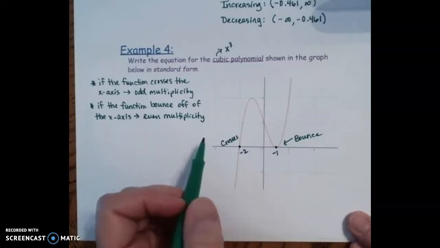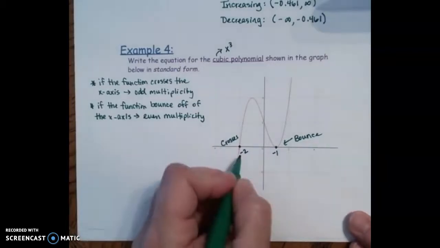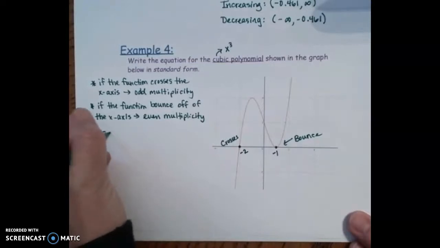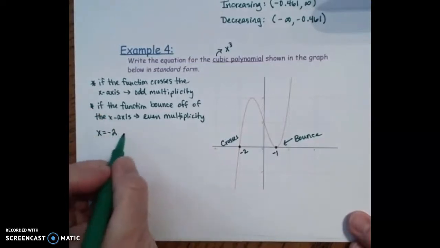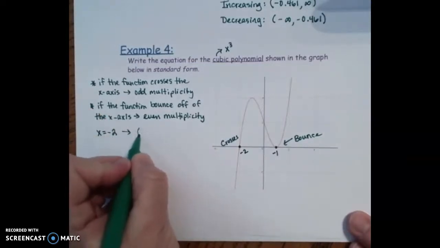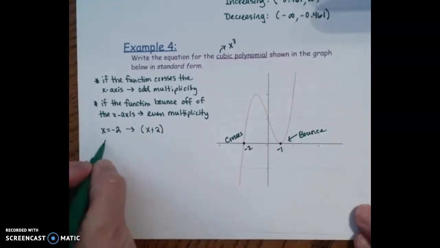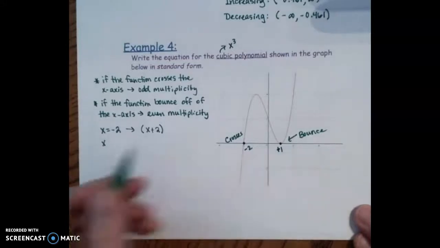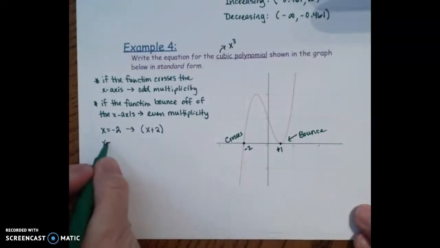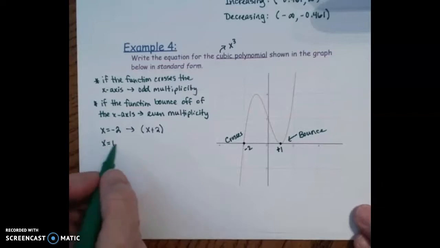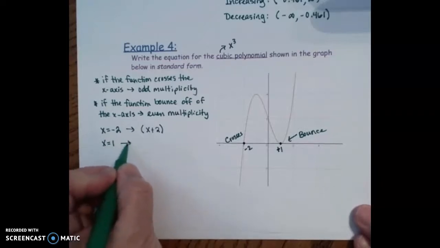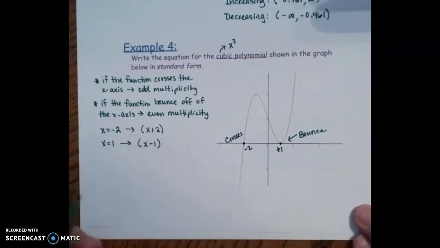If my 0 is at x equals -2, my factor is going to be x plus 2. If my 0 is at +1, then my factor is going to be x minus 1.